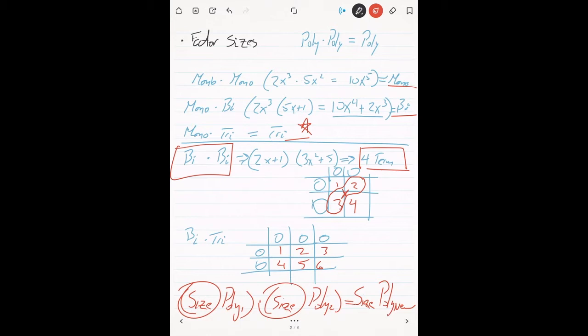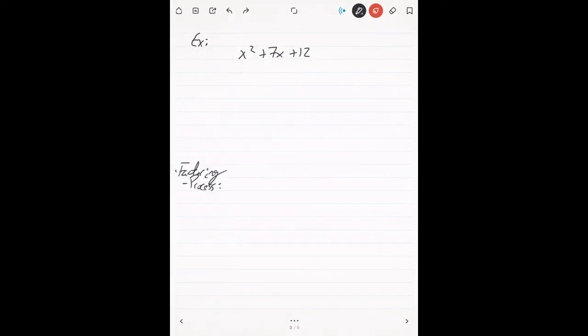If I had a binomial and a trinomial, then we said we could get a 6-term polynomial, or these could be like terms, and we could end up with a 4-term. So you could have a 6-term, or if there are like terms in there, you could have at least as low as a 4-term.